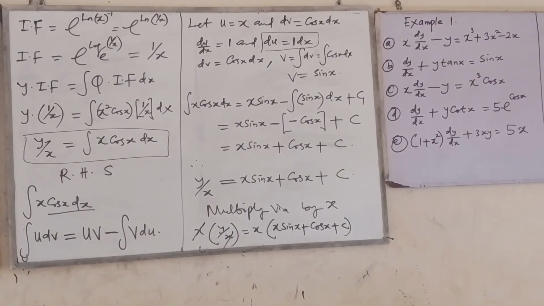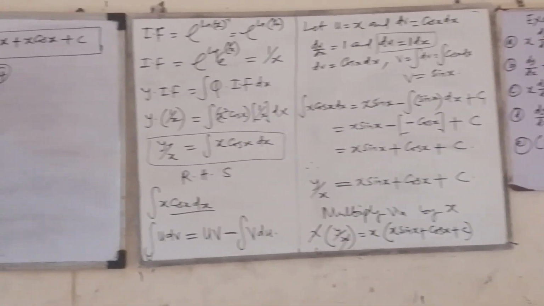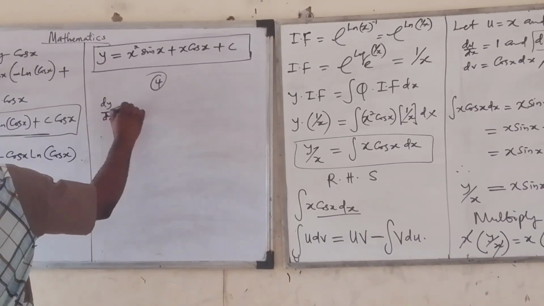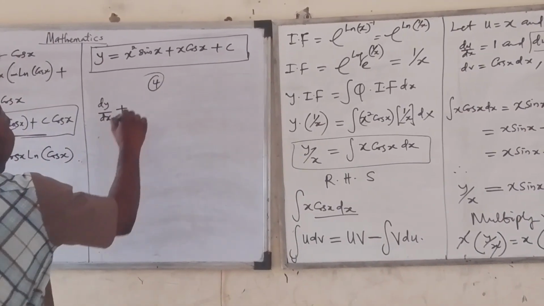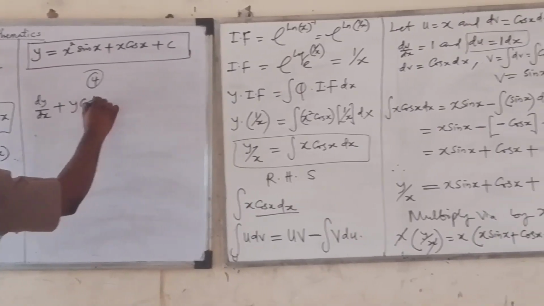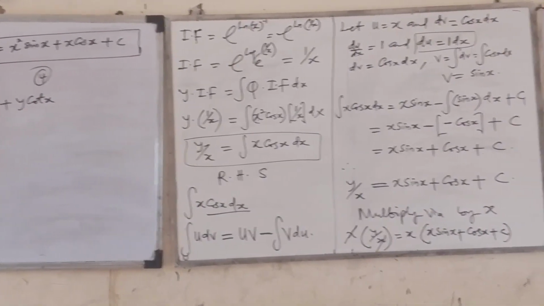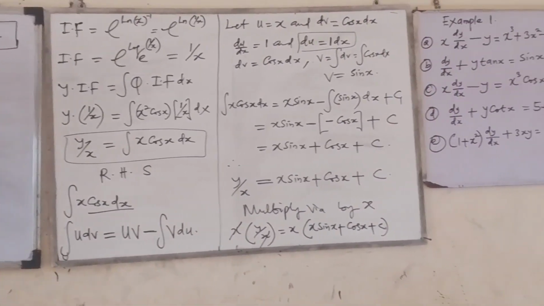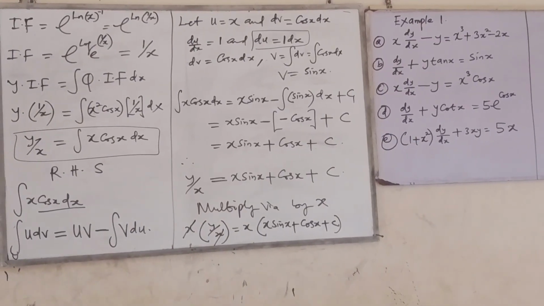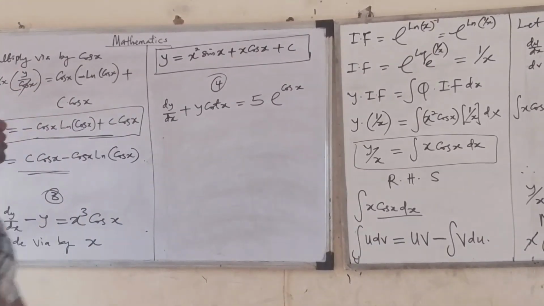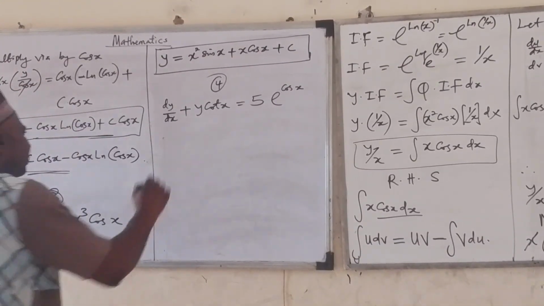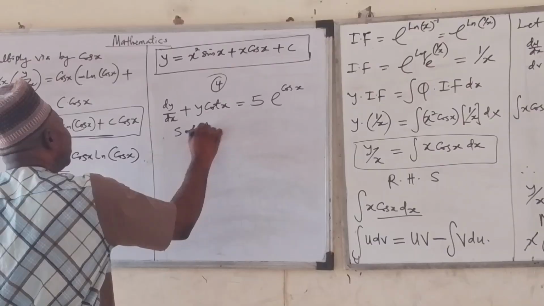So question number 4, we have dy all over dx plus y cot x is equal to 5 e raised to the power of cos x. Yes, this is 5 e raised to the power of cos x. Now let's look at this solution.